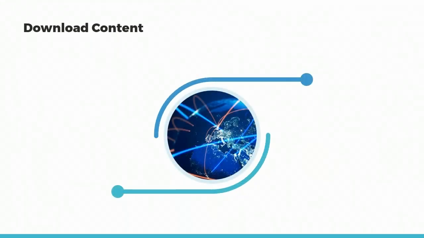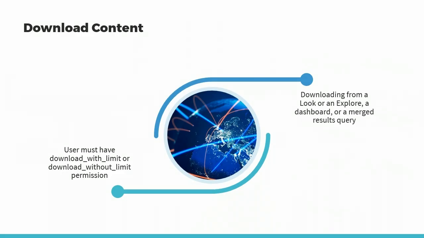Okay, so let's look at downloading content. How do we do that? To download content, you must be given the download with limit or download without limit permission in your Identity Access Manager. And this is going to be done by the Looker administrator. And then you can download from a look or explore or a dashboard or some type of merged results query.